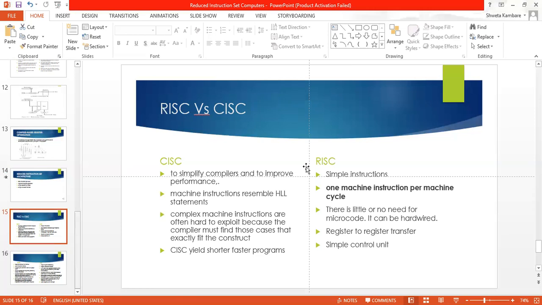The control unit, you can also use a hardwired control unit. You don't have to use a micro-programmed control unit because the instruction set is simpler. We have also talked about register to register transfer, and last one is simple control unit. As the instructions are simple, the control unit is also going to be simple.